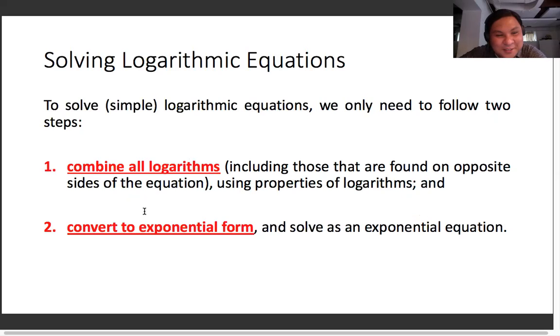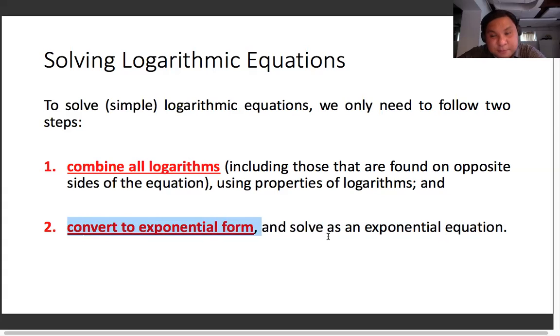Then, once you've combined all of them, you convert it to exponential form, and once it's in exponential form, you solve it as an exponential equation.